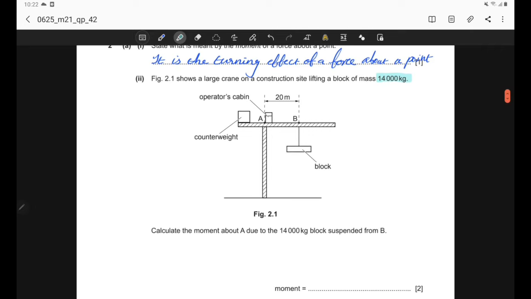Calculate the moment about A due to the 14,000 kilogram block suspended from B. So we just need to calculate the turning effect or moment due to this block at B about the point A. The point A and the position B have a distance of 20 meter.